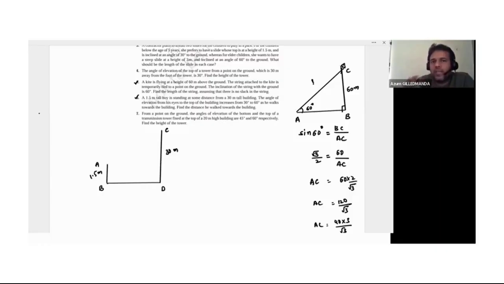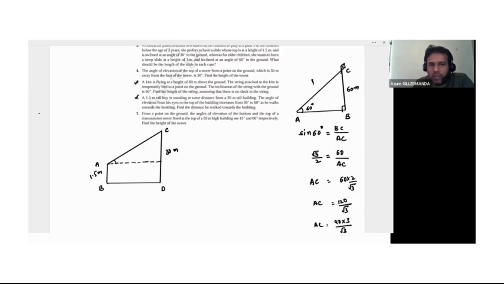The angle of elevation from his eyes to the top of the building increases from 30 to 60 degrees as he walks towards the building. Okay. So the boy is here and initially he is looking at the top of the building. So here you need to draw an imaginary horizontal line so that you will get the angle of elevation.